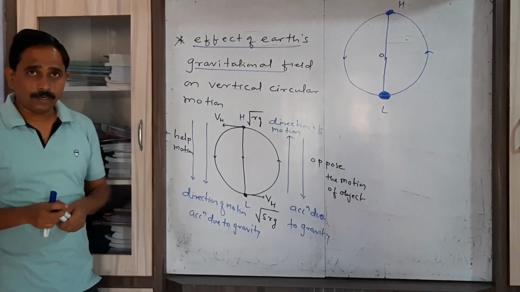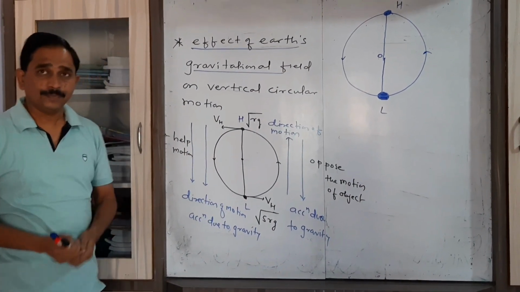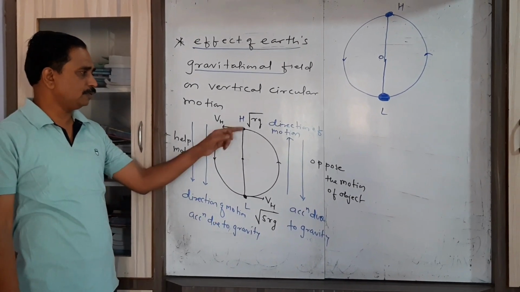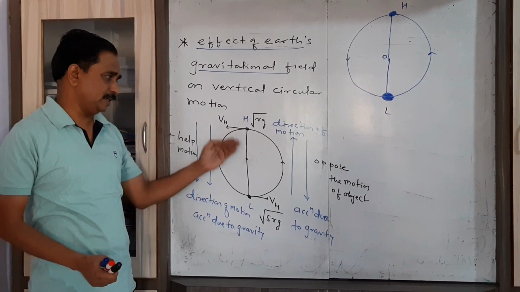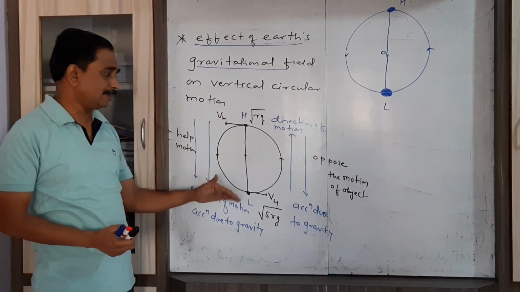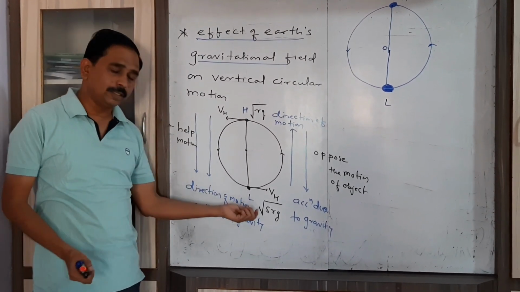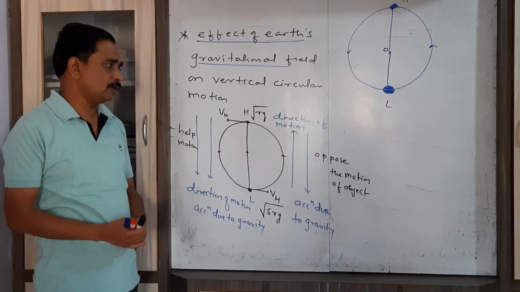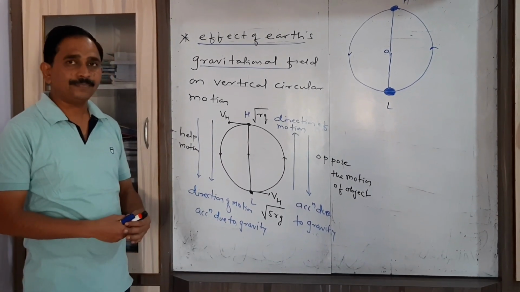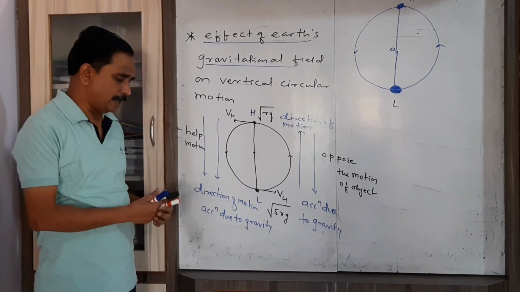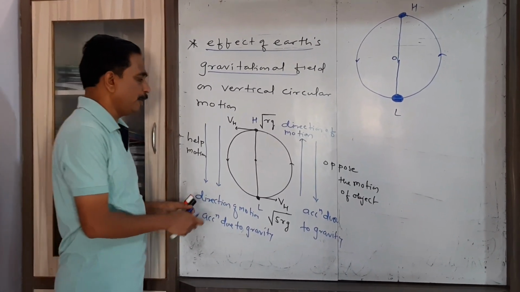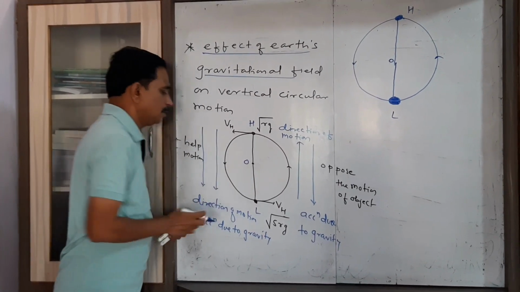Now here, during the motion of that object from the lowest position to the highest position, how does the speed of that object change? Which is the factor that is responsible for the change in velocity of that object? So for that, let us consider that initially that object is present at the lowest position.